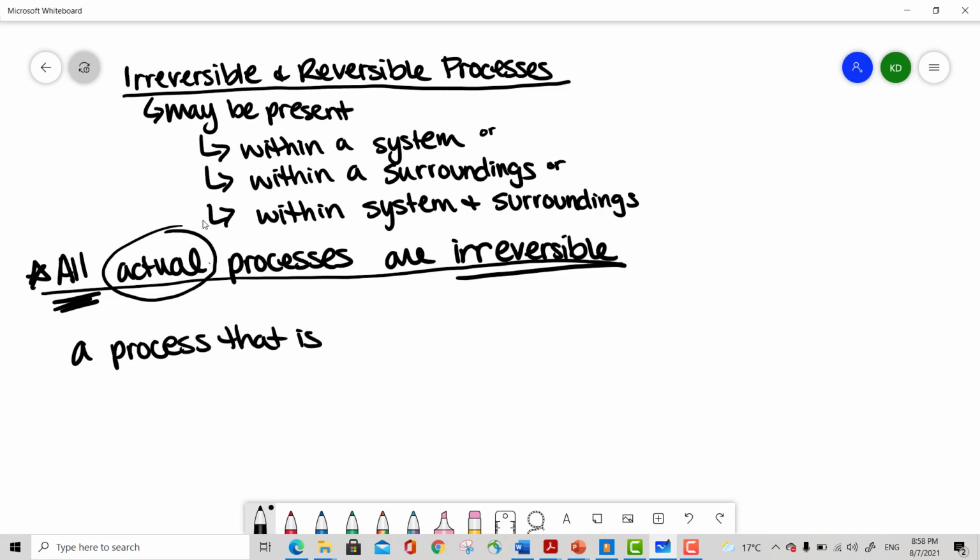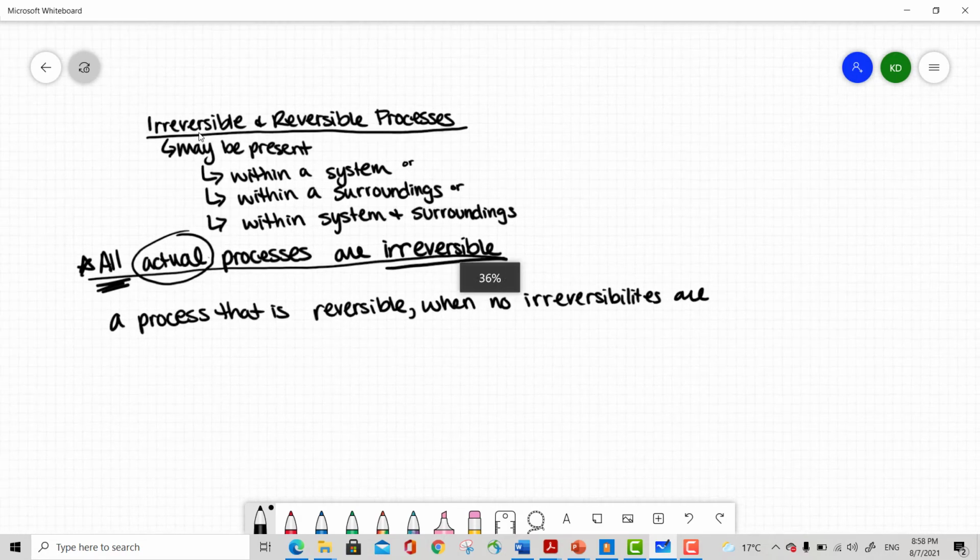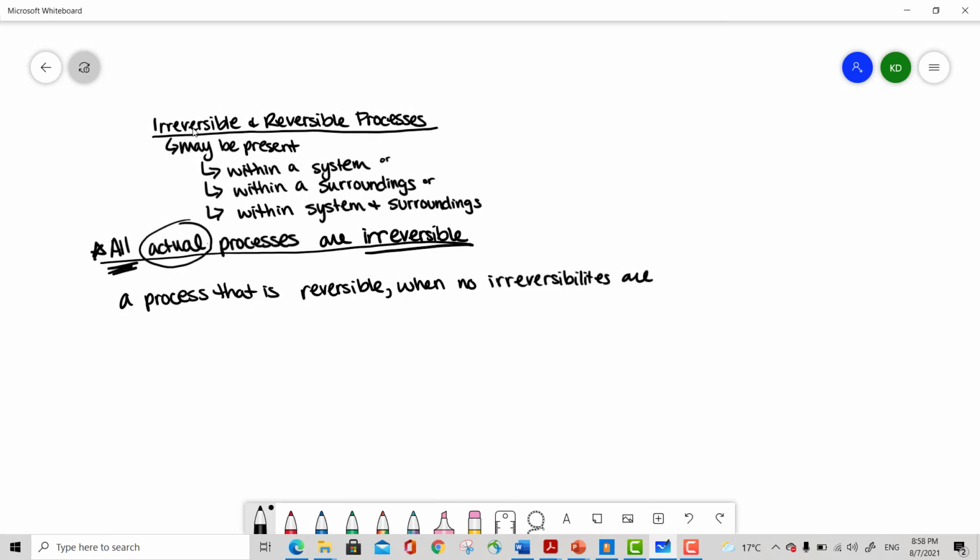And then a process that is reversible is when no irreversibilities are present within the system and its surroundings.